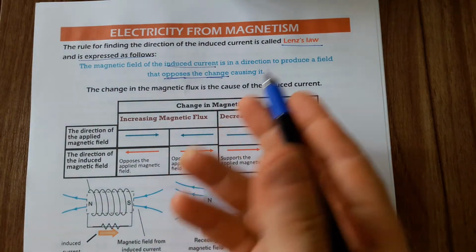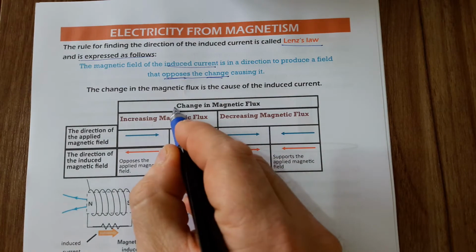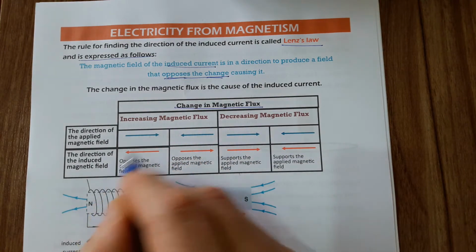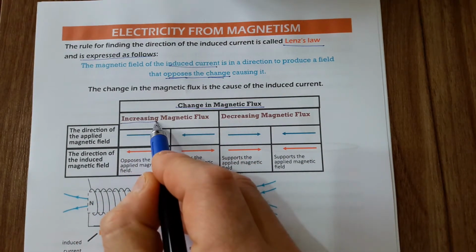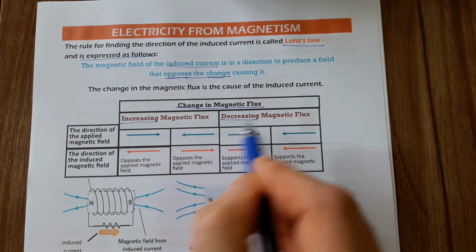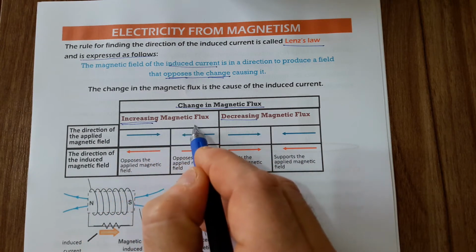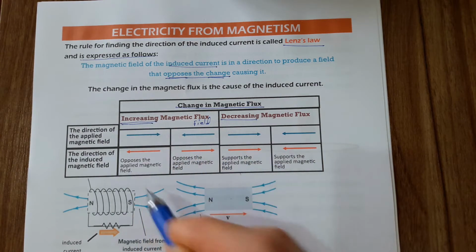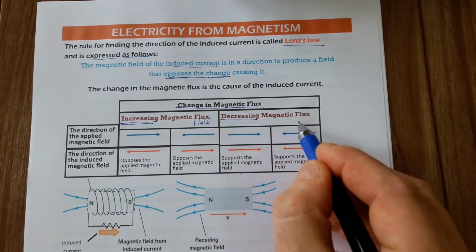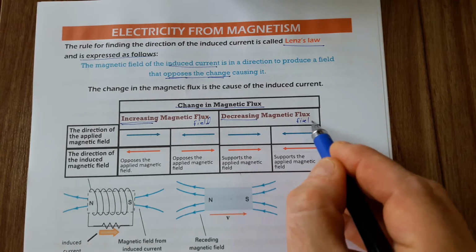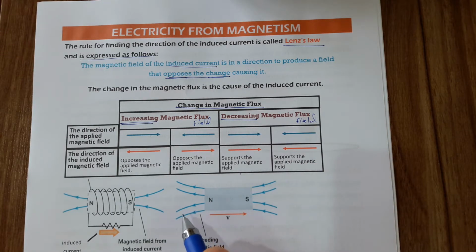What causes the induced current? Change in magnetic flux. How can we change the magnetic flux? We can increase the magnetic flux, or we can decrease the magnetic flux. Increasing the magnetic field or decreasing the magnetic field can induce current on the coil.